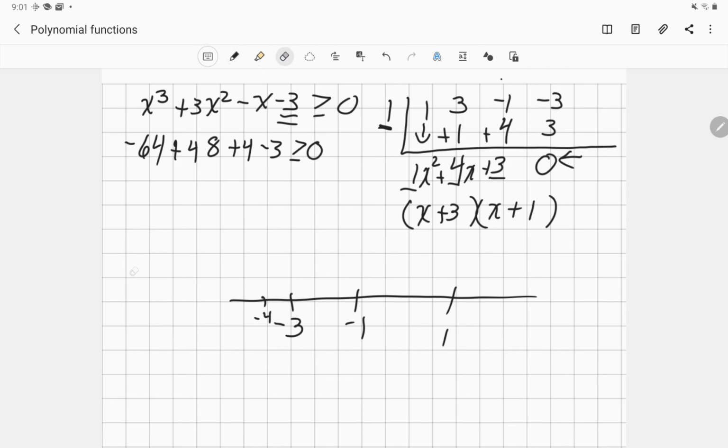So -64 plus 48 is -16. -16 plus 4 is -12, and -12 minus 3 is -15, is greater than or equal to 0.